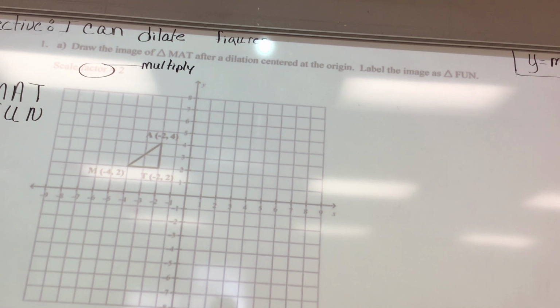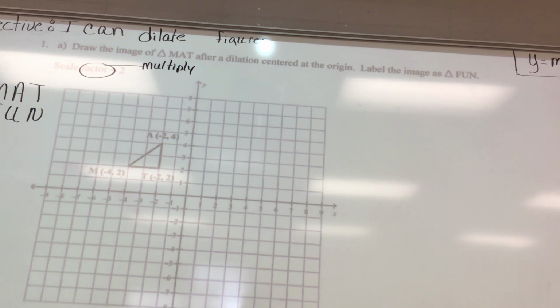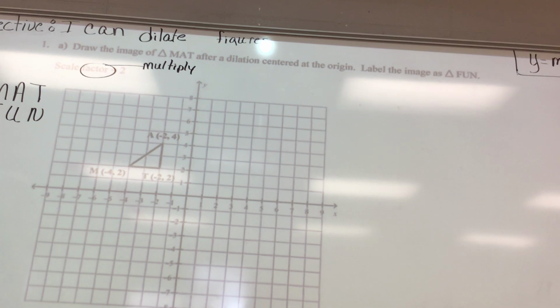Now, you're going to dilate that number by a scale factor of 2. So factor means you're going to do what? Multiply it by 2. Did it get bigger, stay the same, or get smaller? Get way bigger. It actually doubled in size because when you multiply by 2, it doubles.